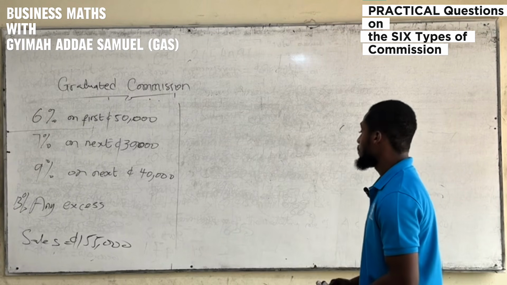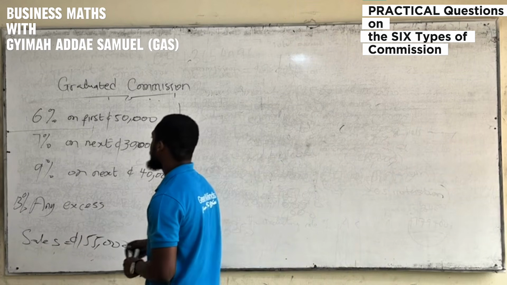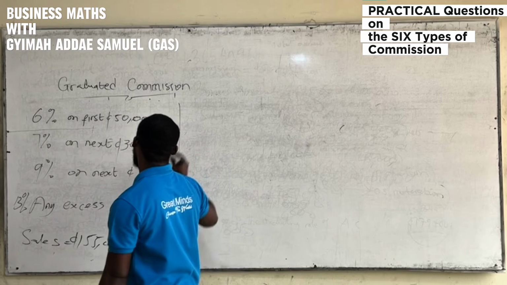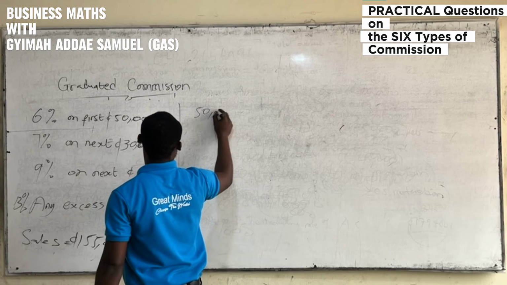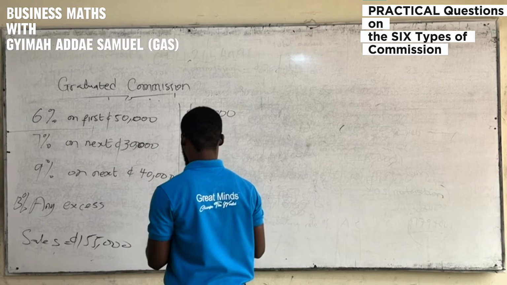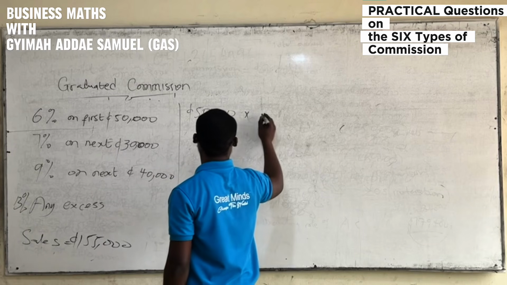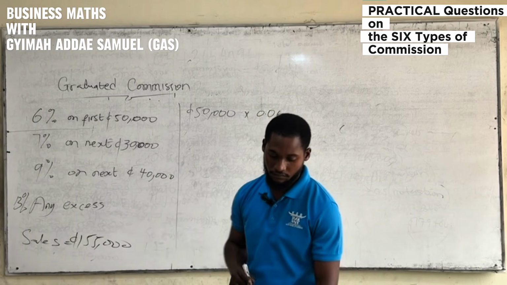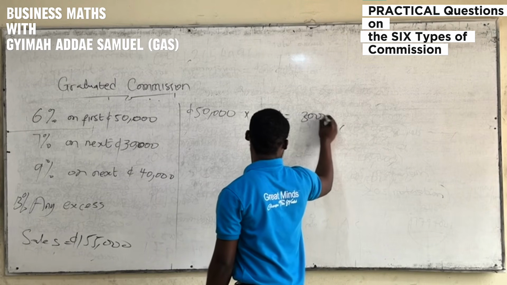So, as you know, we will first have to find 6% on first 50,000 because this is constant. And we are getting 3,000 Ghana cedis.